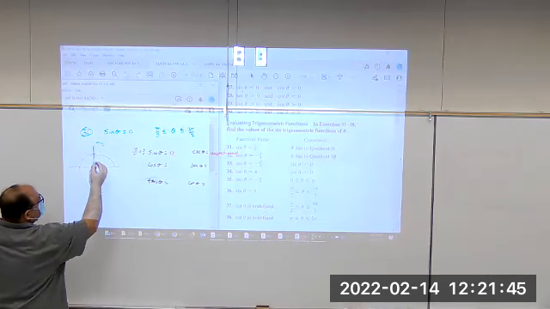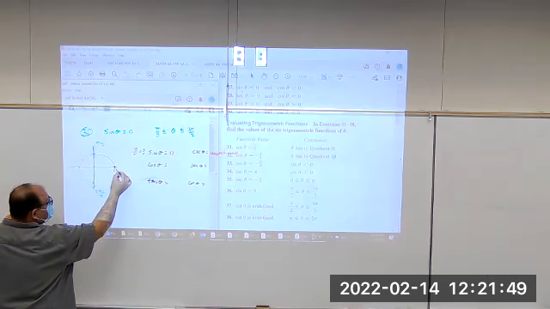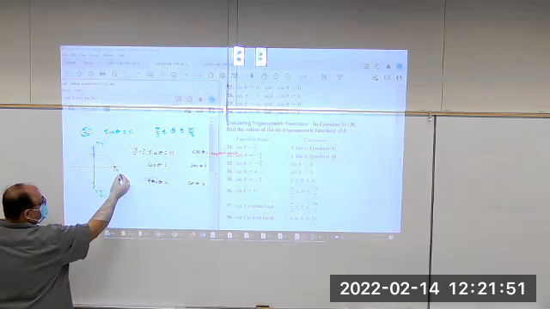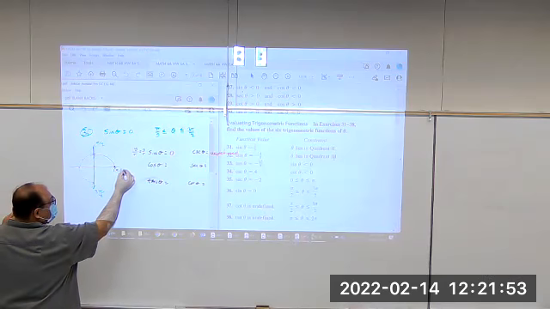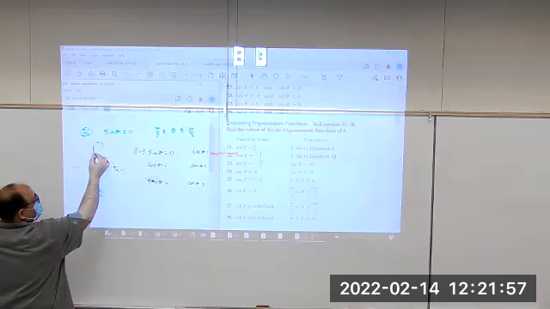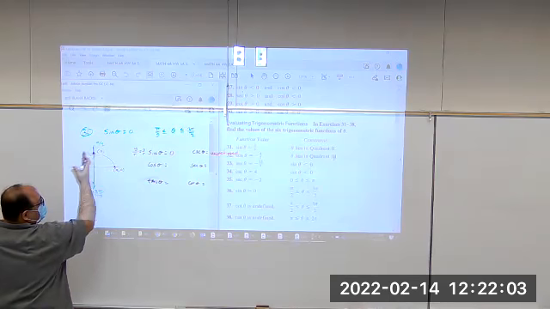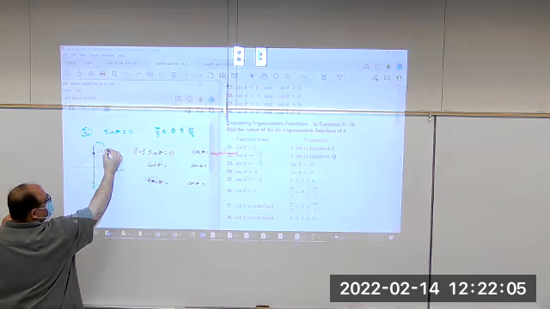Well, when you're on the circle right here, x is going to be anything you want, but the y coordinate on the x-axis is 0. When you go up here to 90 or pi over 2, x has to be 0 because you're not going left or right, and the y is whatever the y is.